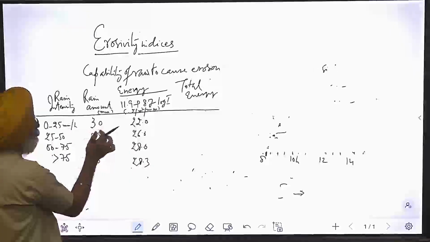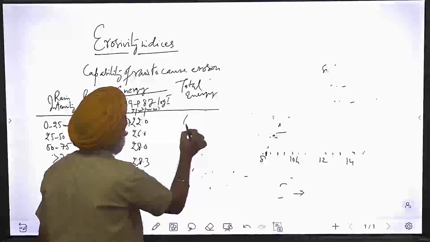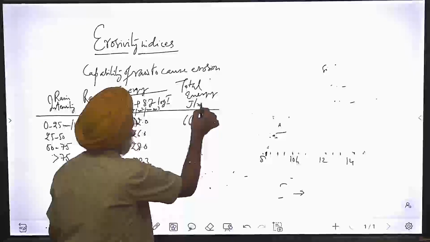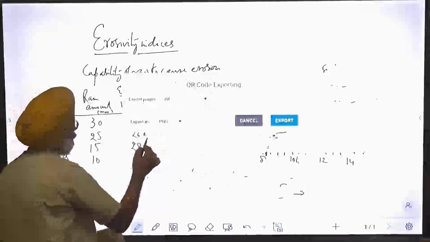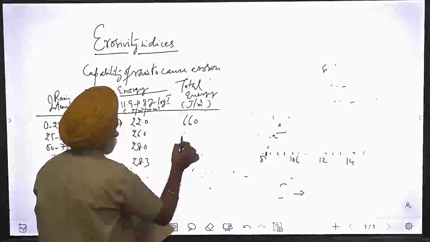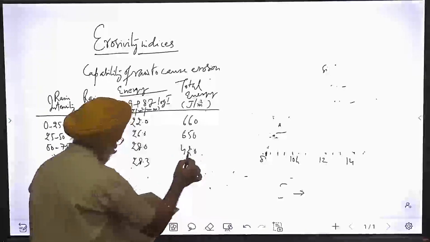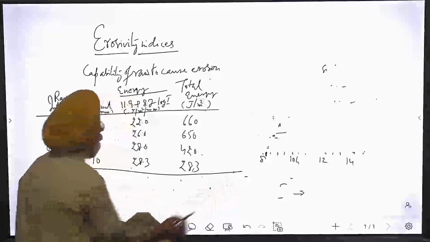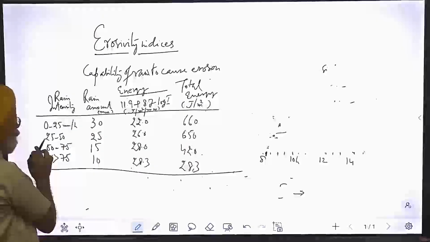So, we have 30 millimeter; multiply these two and you get 660, and the units are now joules per square meter. Similarly this comes out to be 650, then 420, then 283. So, this is the total energy for each class.